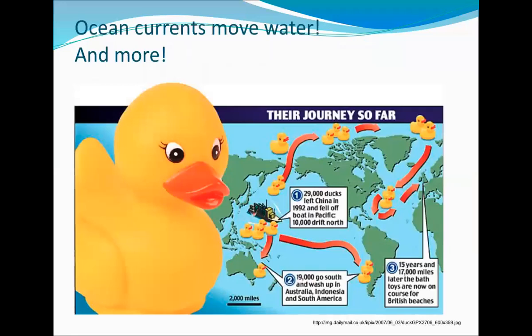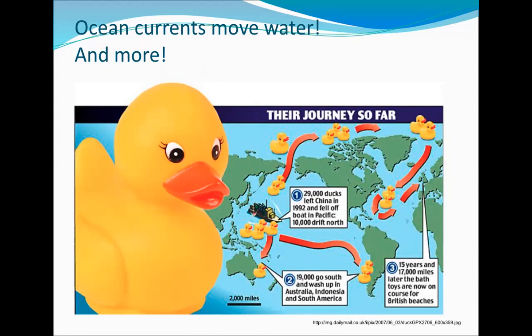We also need to know that ocean currents move water and more. So if we look up here, the journey of the ducks. 29,000 ducks left China in 1992 when they fell off the boat in the Pacific. 10,000 of them drifted up north. 19,000 went south, and they washed up in Australia, Indonesia, and South America.